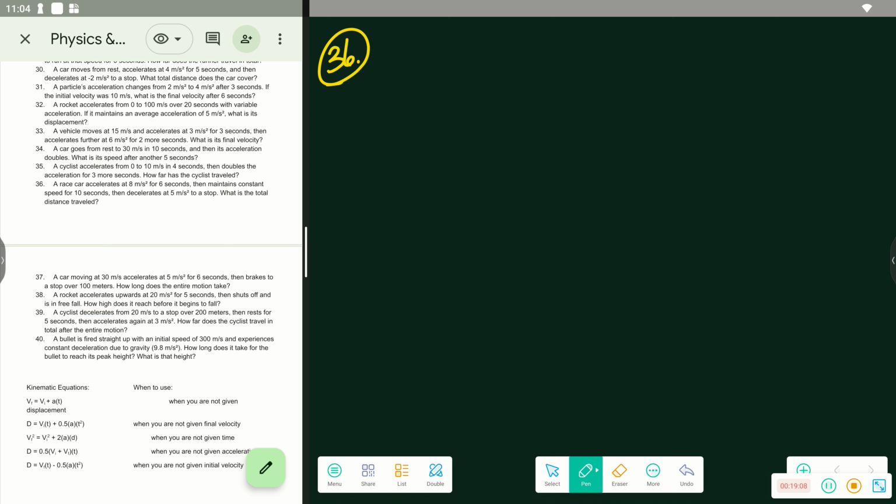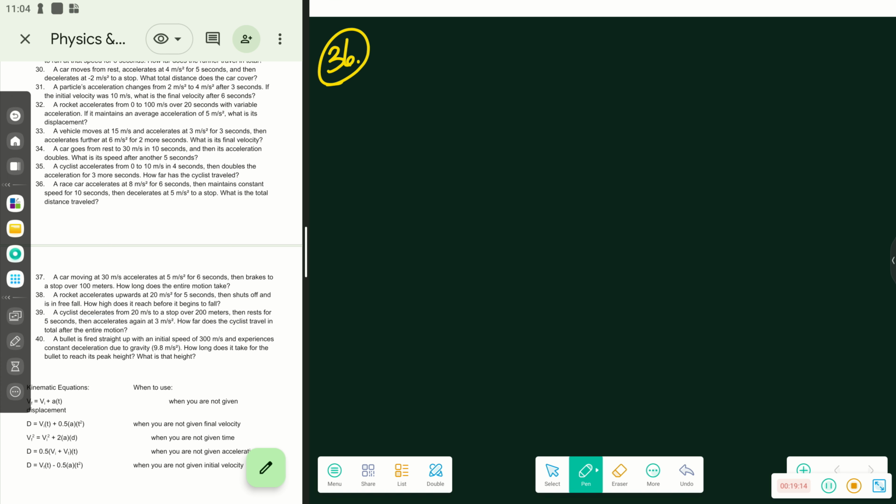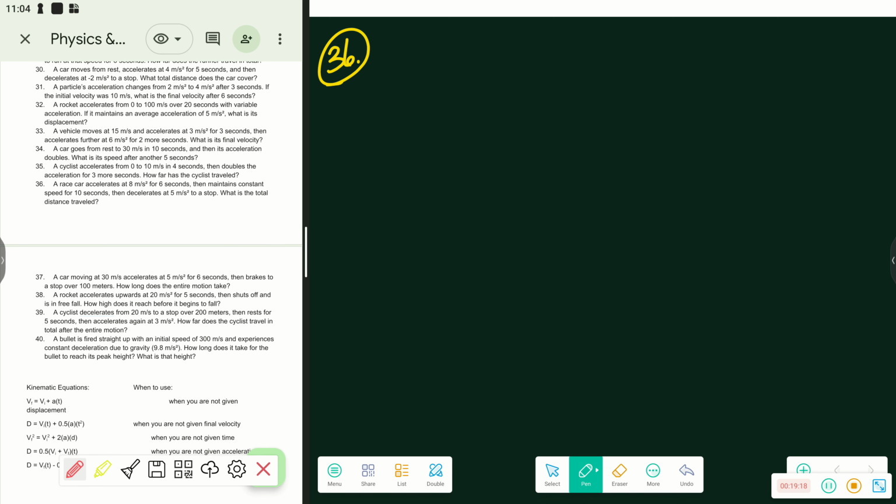Okay, so let's look at this question. A race car accelerates at 8 meters per second squared for 6 seconds. Then it maintains a constant speed for another 10 seconds.